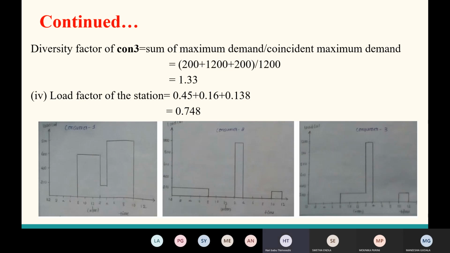So don't write load factor. After calculating the diversity factor of consumer 3, now write down the diversity factor of the station.